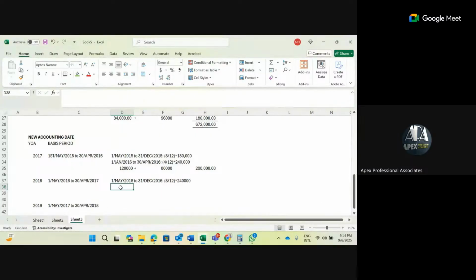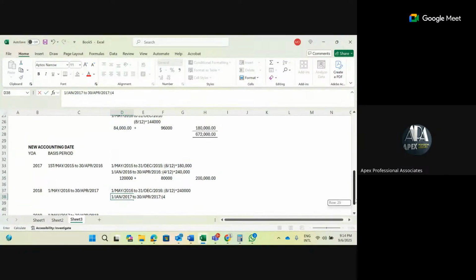We now have how many months left? We have from 1st of January 2017 to 30th of April 2017. So we are looking for January, February, March, April. We are looking for a profit of 4 months.